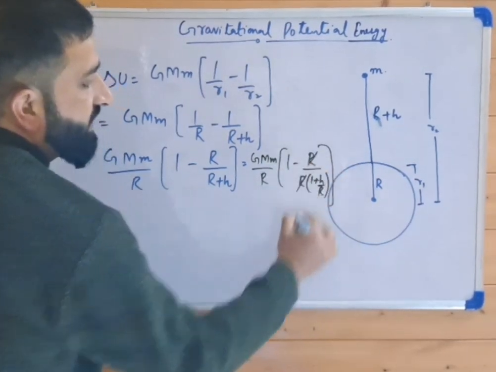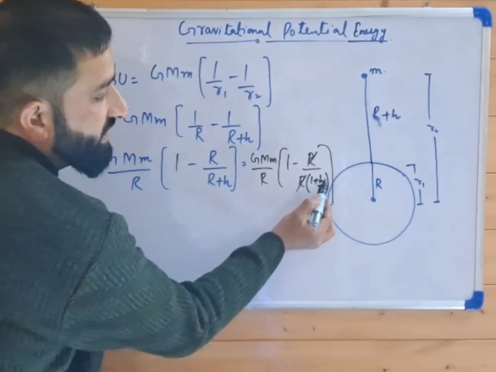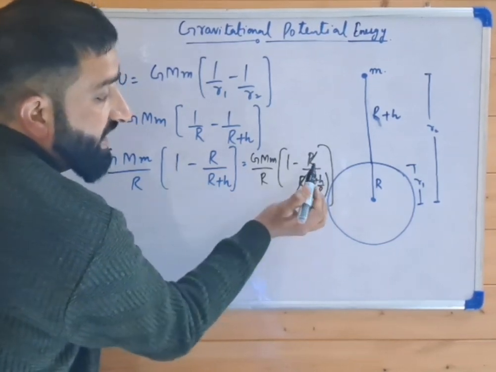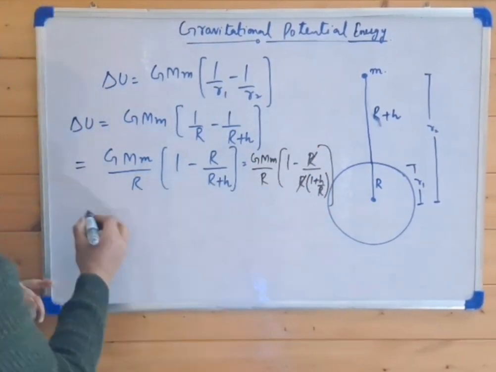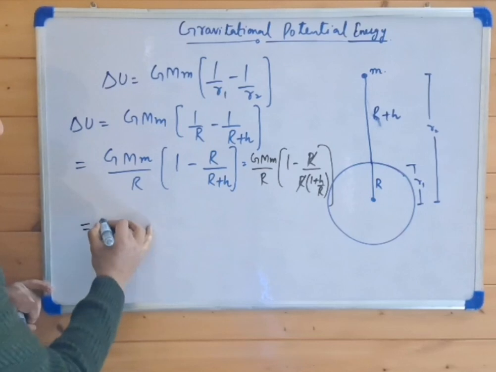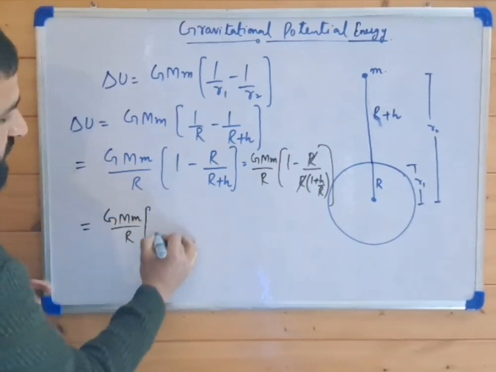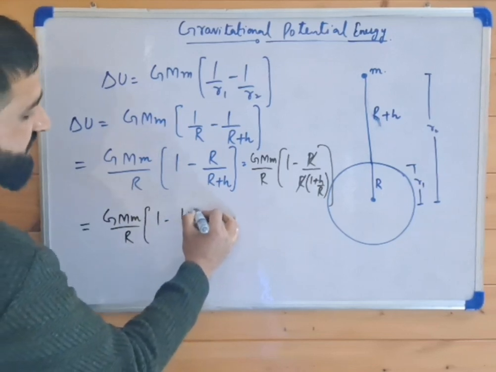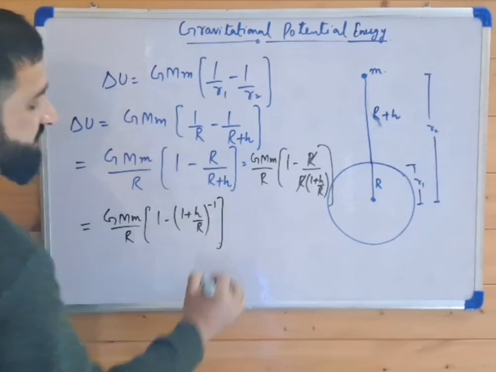This R and R go. Now 1 plus h by R in the denominator has a power of plus 1. If it is brought to the numerator, the power changes to minus 1. That means delta U will be GMm divided by R into 1 minus 1 plus h divided by R whole raised to power minus 1.